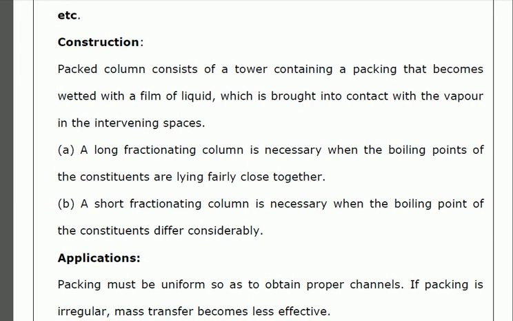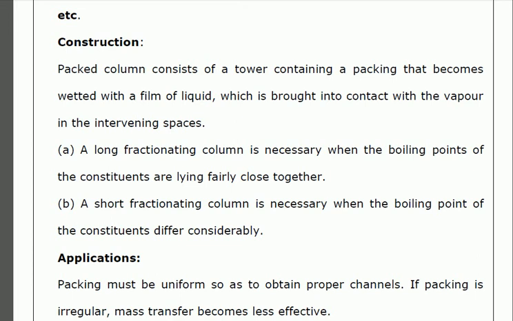You don't require a large fractionating column every time. You can have a short one when, suppose, a binary mixture has a considerably high temperature difference. Suppose one is 25 and the other is 30 degrees Celsius, so the difference is 5 degrees, just as an example. It is far apart, so you can use a short fractionating column.